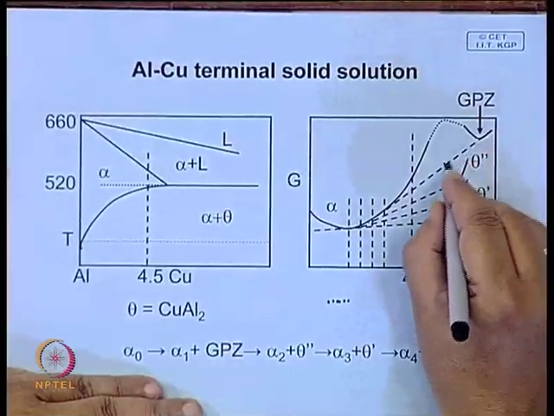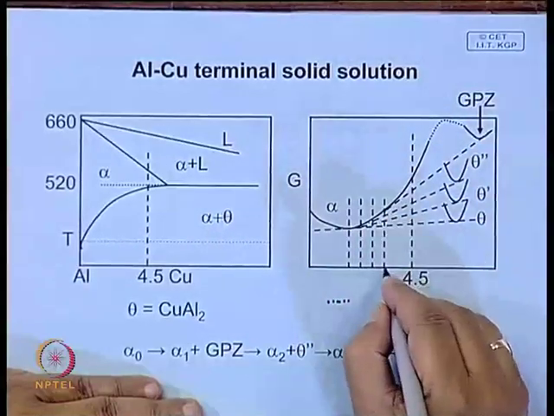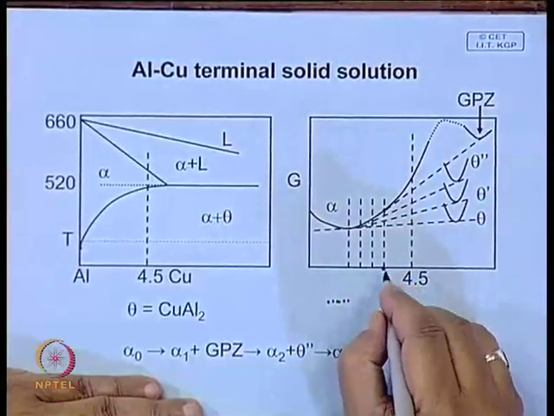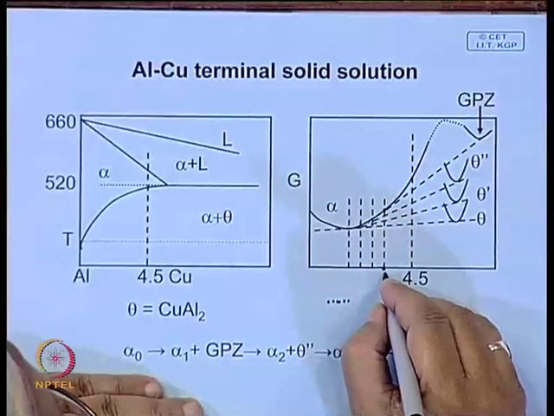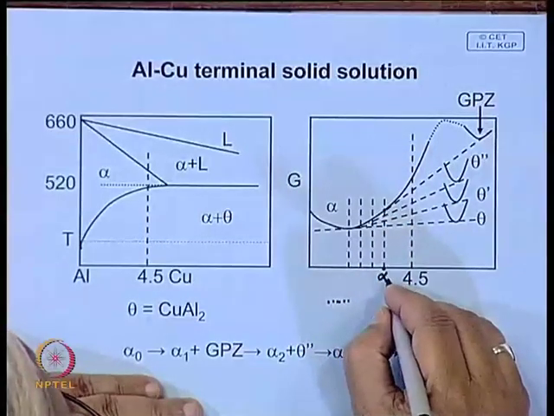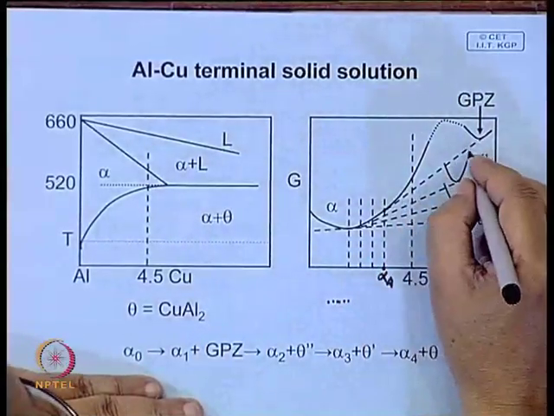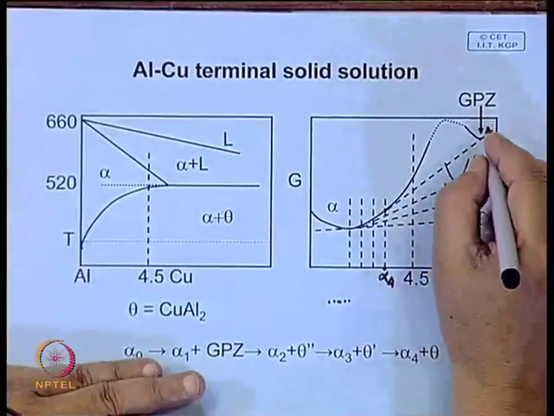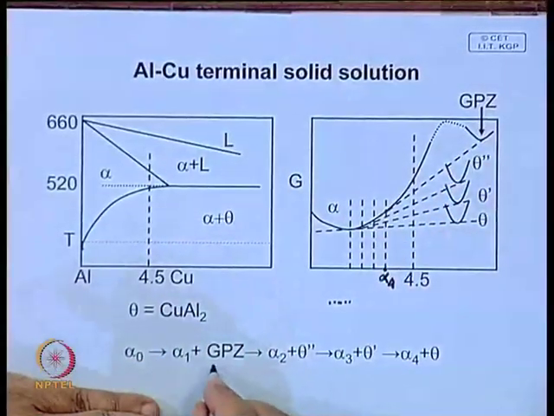With this, if you draw a common tangent to this phase, this is the composition with which it will be in equilibrium. Let us say this is alpha 4. Similarly, there is another; it does not go through just one stage, depending on the composition you can have multiple intermediate precipitates.